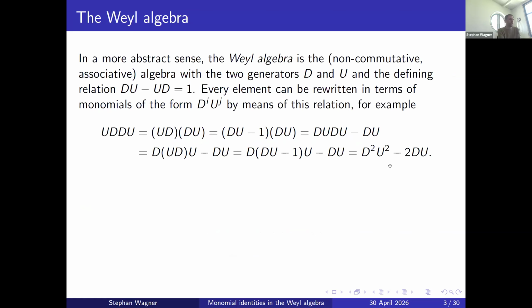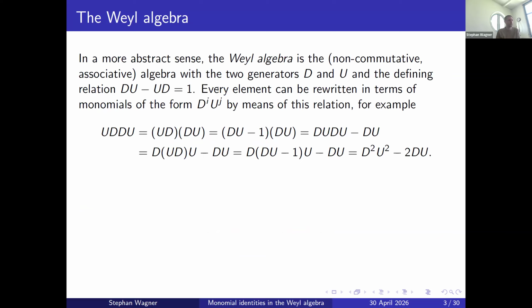But if you do want to think about it on a more abstract level, then you can think of this as an algebra. An algebra is a structure that's kind of both a ring and a module. It's got the two generators d and u, and the relation that I've just derived, du minus ud equals 1, is the defining feature of the algebra.